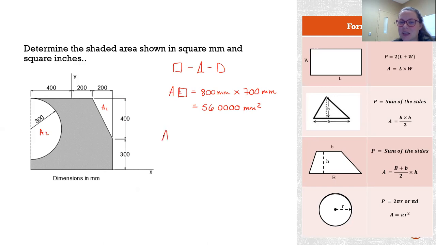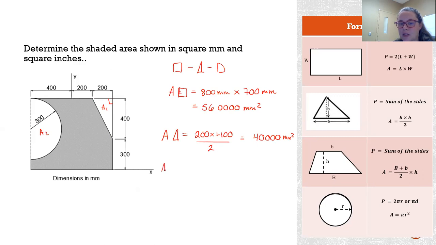Now we want to figure out what's the area of the triangle, I labeled it as area 1. So area of the triangle, so we need our base. So these are at a right angle to each other. So my base I'll use 200 and 400, or you could use 400 and 200. So base 200 times 400, all divided by 2, leaves me with 40,000 millimeters squared.